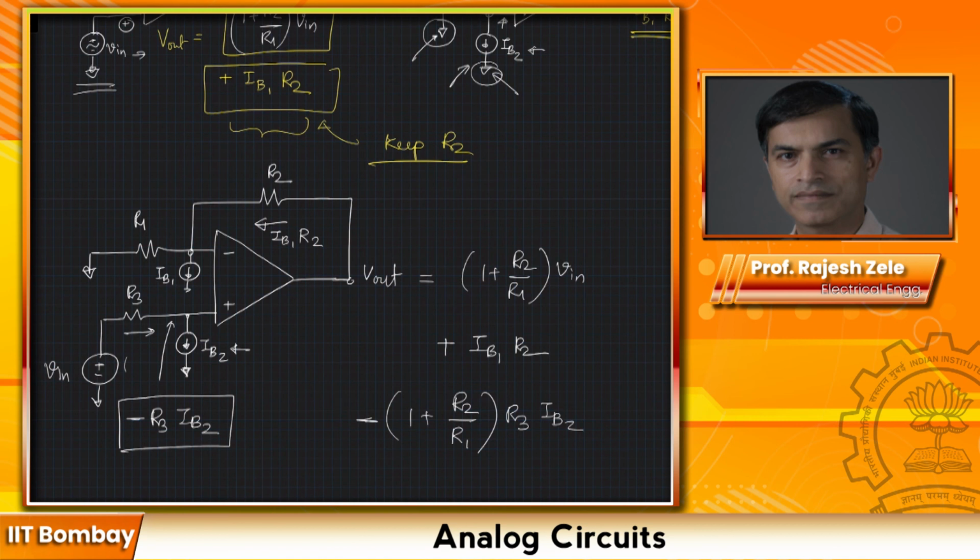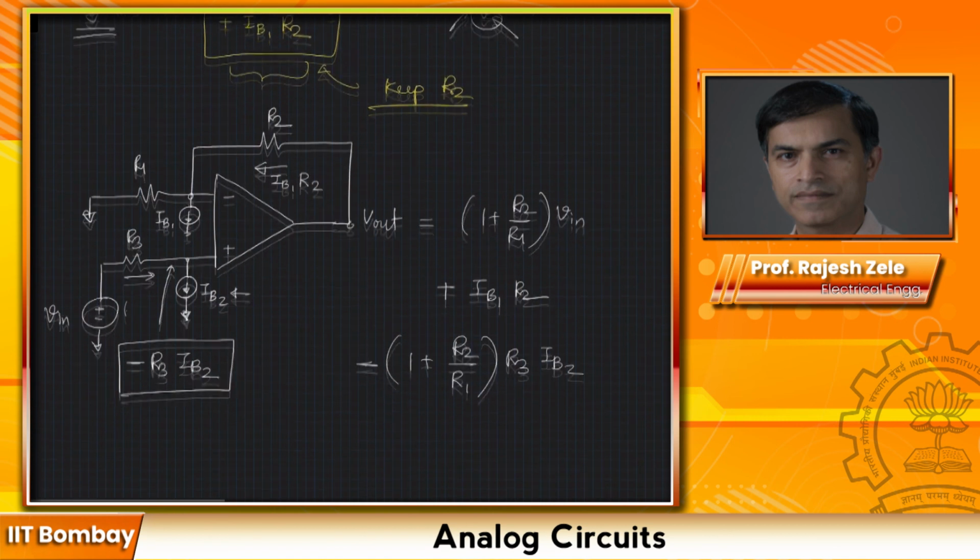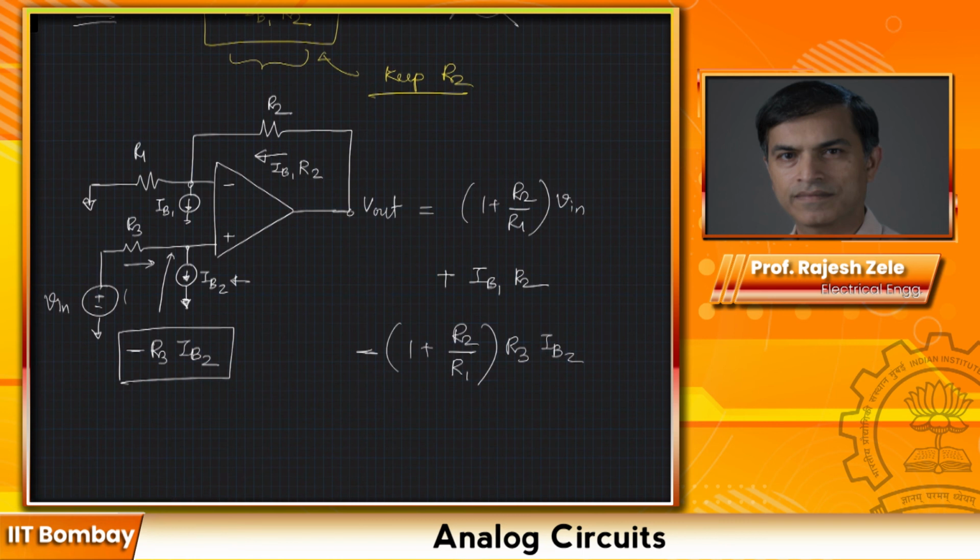So you can then see that if you want to mitigate the effect of IB1 and IB2, you would like these two gains to be approximately the same.